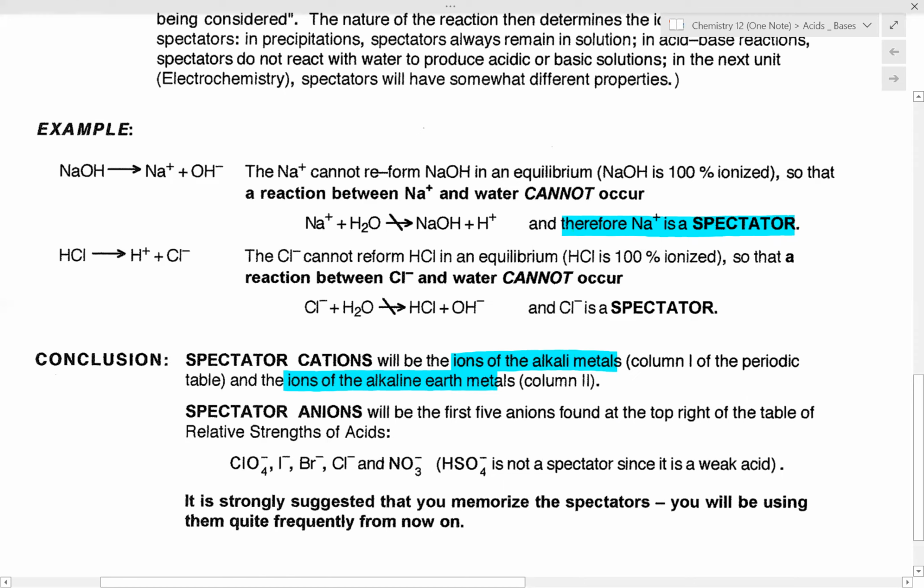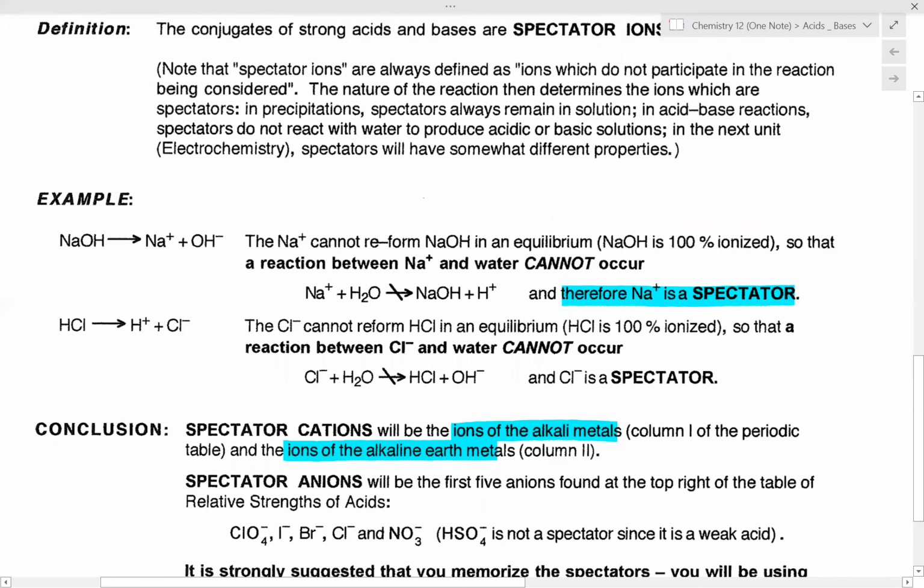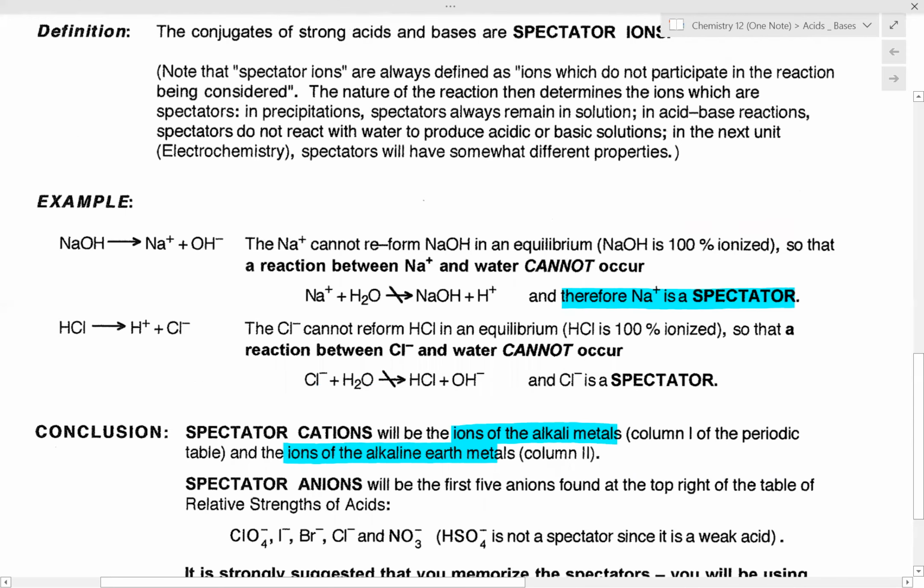So what are the alkali metals? It's column 1, the very left column on the periodic table. So things like lithium, sodium, potassium, rubidium, cesium, francium. And the ions of the alkaline earths, column 2: beryllium, magnesium, calcium, strontium, and so on. They are spectator ions, and spectator ions do not react.